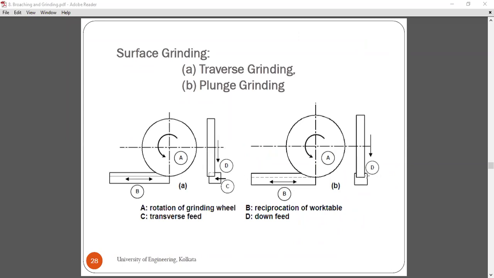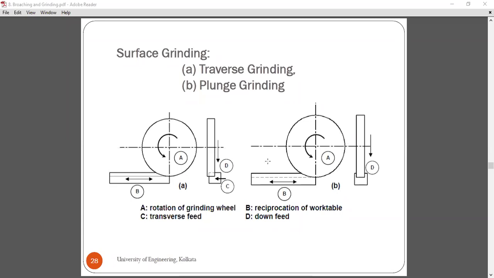However, in the case of plunge grinding, only the grinding wheel moves towards the workpiece, and there is no movement in the workpiece. In the case of traverse grinding, the rotation of the grinding wheel takes place here, and the reciprocation of the work table is there. So the entire surface is traversing, and the entire surface is experiencing material removal.